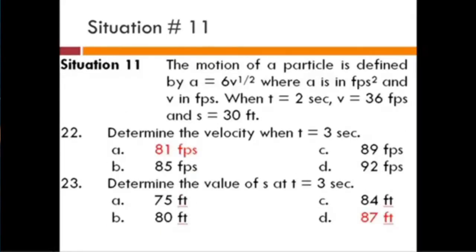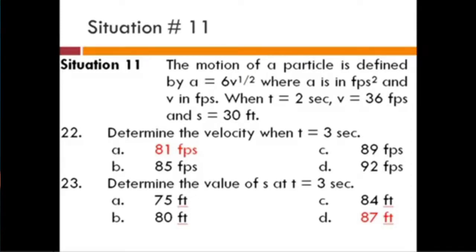Station 11. So the motion of a particle is defined by a equals 6v raised to 1/2, where a is in feet per second squared and v is in feet per second. So when t is equal to 2 seconds, v is equal to 36 feet per second and s equals 30. Yan namin given.